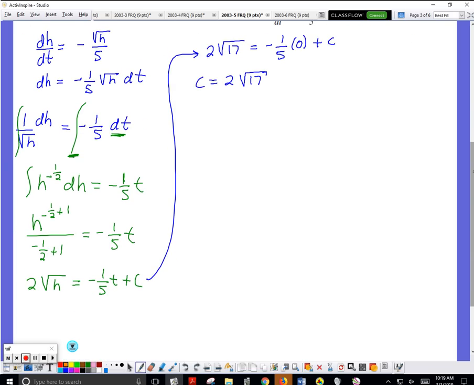So we go, let's see, 2 root h is equal to negative 1/5 t plus 2 root 17. Got to get the h alone. This one's easy. So we multiply both sides by 1/2. Square both sides, we're done.